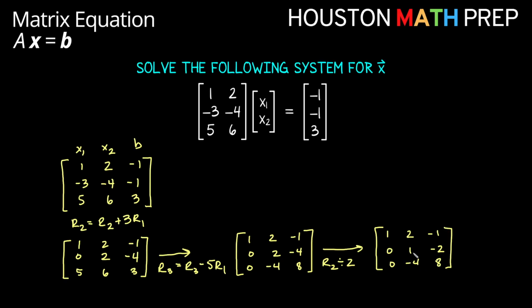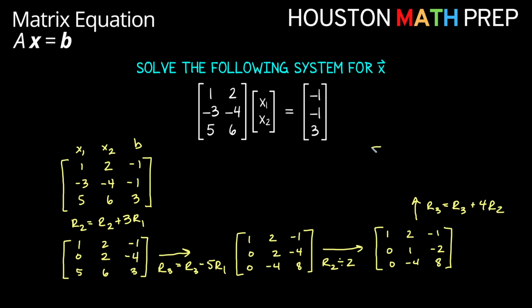And with row 3 here, if I want to make a 0 below my lead entry, what I would need to do then, if I go up here, we would need to change row 3 by taking itself, and we'll add 4 copies of row 2 to it.